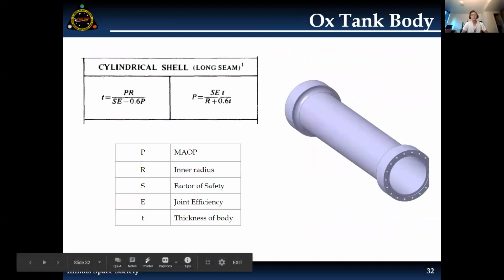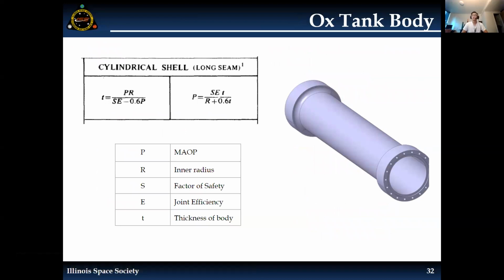Okay, so this would be an example of one of the formulas that we've borrowed from the ASME pressure vessel handbook. This is what we used to calculate the actual thickness requirement of our tank body. The left formula is a calculation of the required thickness given all of the other variables, while the right side formula is a calculation of the maximum pressure given all of the other variables, where P is the maximum operating pressure, R is the inner radius of the tank body, S is the safety factor, E is the joint efficiency, and T is thickness of the body.